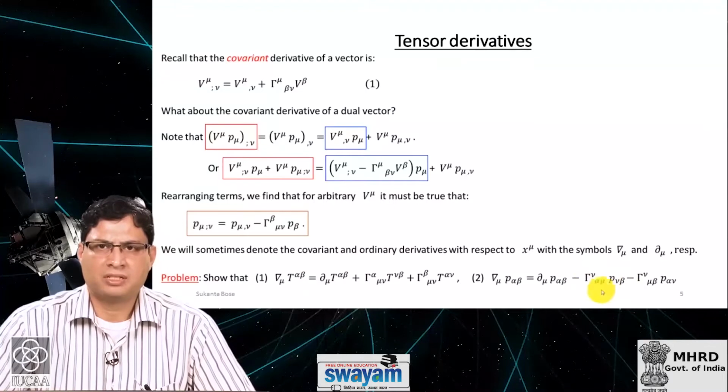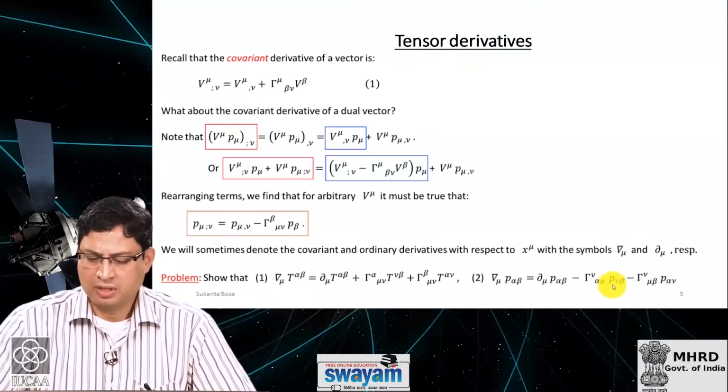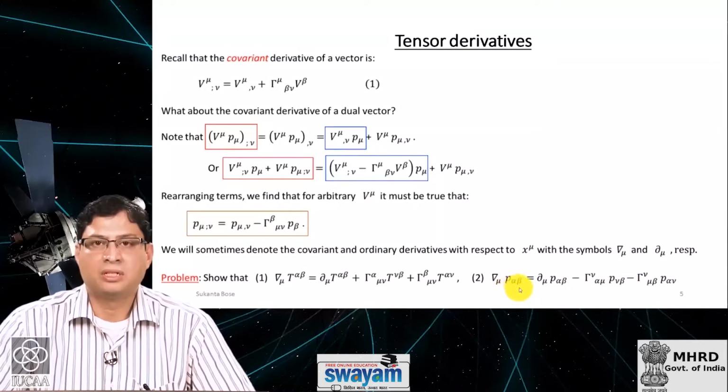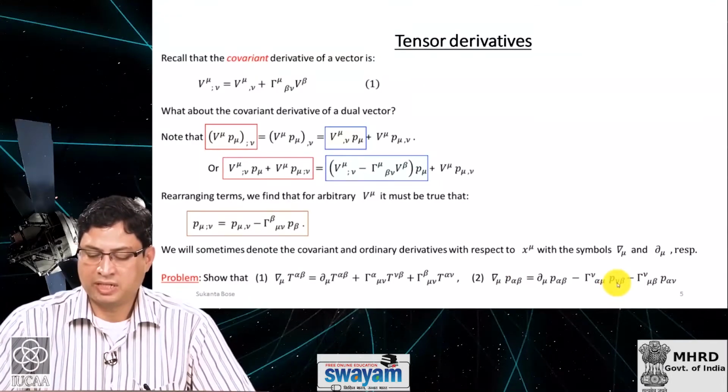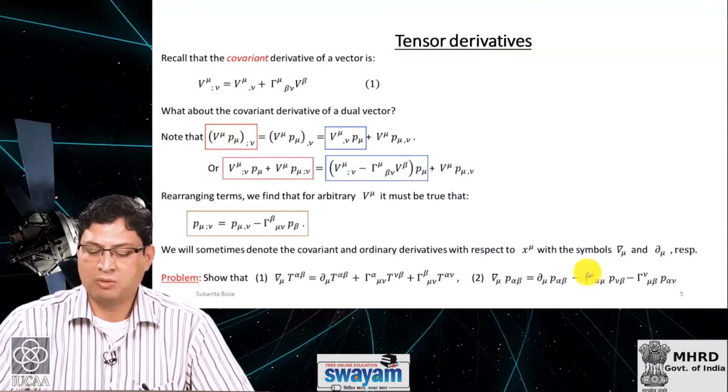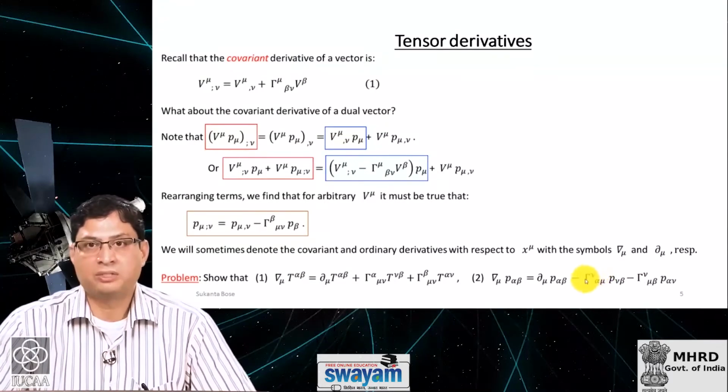So, for the second term, beta is retained as one of the indices of the 0-2 tensor components. It is the first one that is summed over, so the summed over index is nu, with respect to now one of the only upper index of the Christoffel symbol.